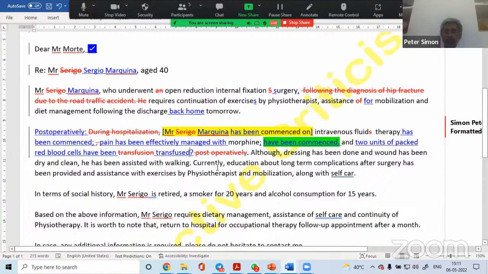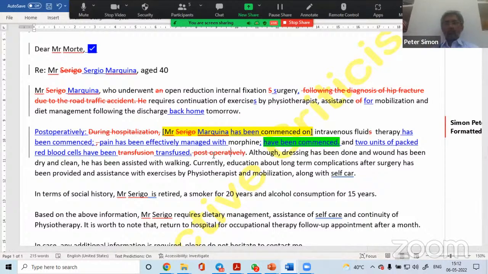Full stop. That's it. So that is very fine now. 3 things: post-operatively, intravenous fluid therapy has been commenced; pain has been effectively managed with morphine; and 2 units of packed red blood cells have been transfused. 3 in one sentence.